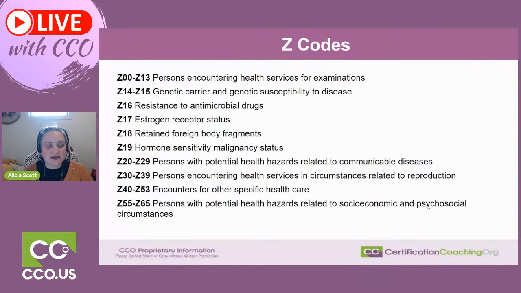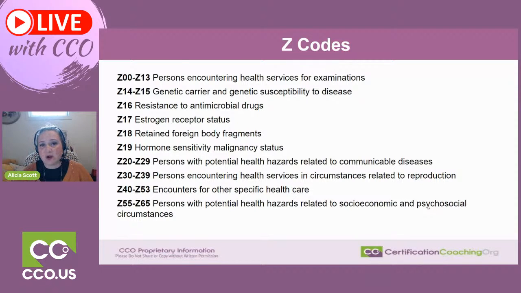Then we move on to our next section, Z14 through Z15, genetic carriers and genetic susceptibility to disease. And again, it's exactly what you think it is. We're talking about identifying genetic carriers. Z16, resistance to antimicrobial drugs.